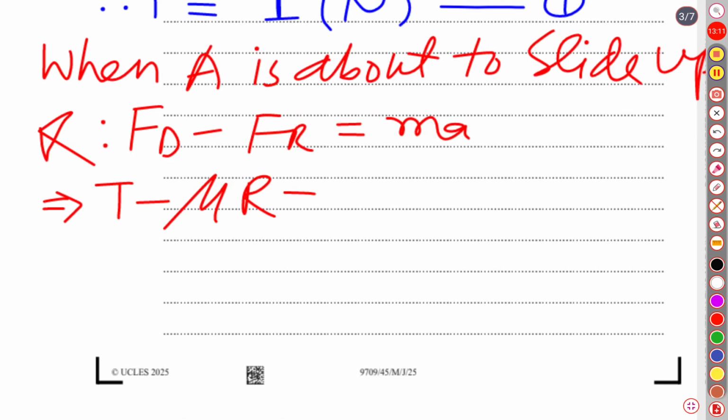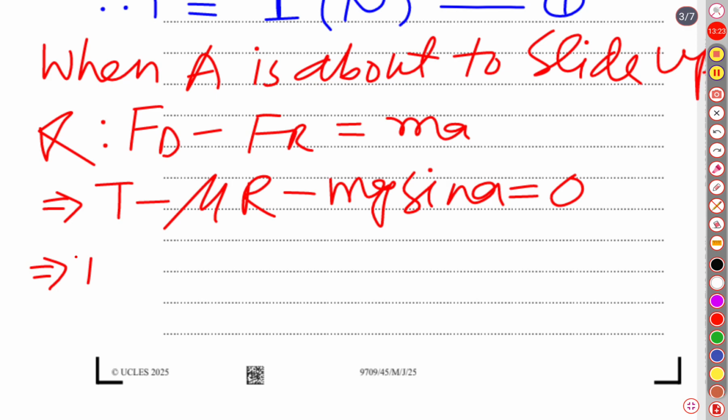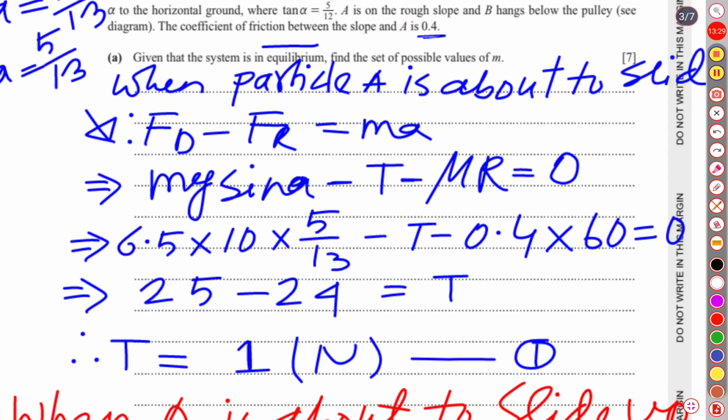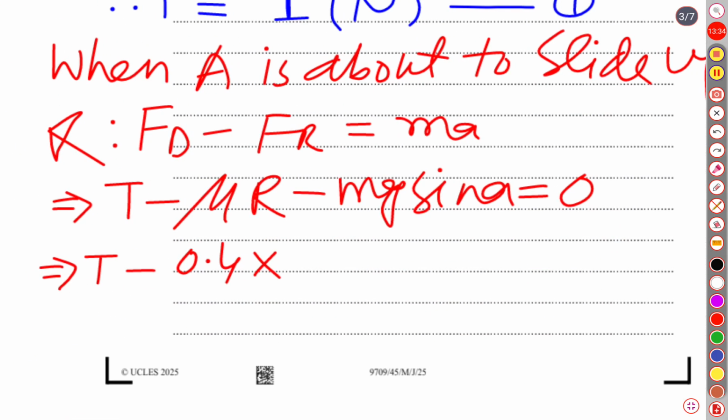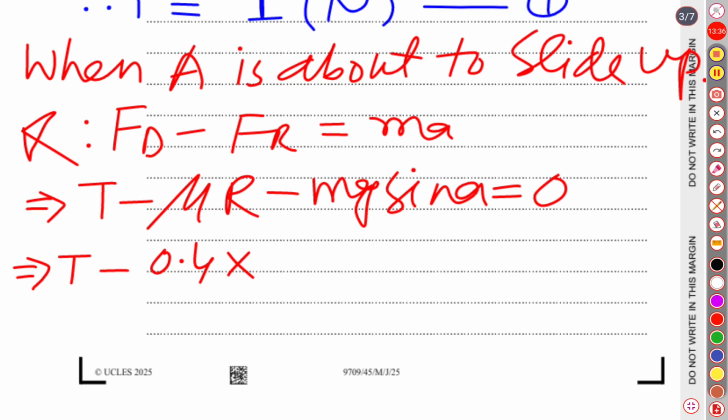So weight is mg sine alpha. Mg sine alpha is equal to mass into acceleration, which is 0 because there is no acceleration at all. Then T minus mu, which was 0.4, and we have already used our normal reaction force, which is 60 Newton. So let us write 0.4 into 60.